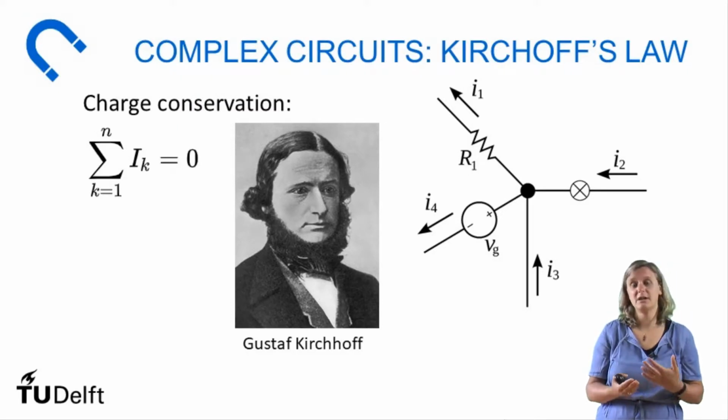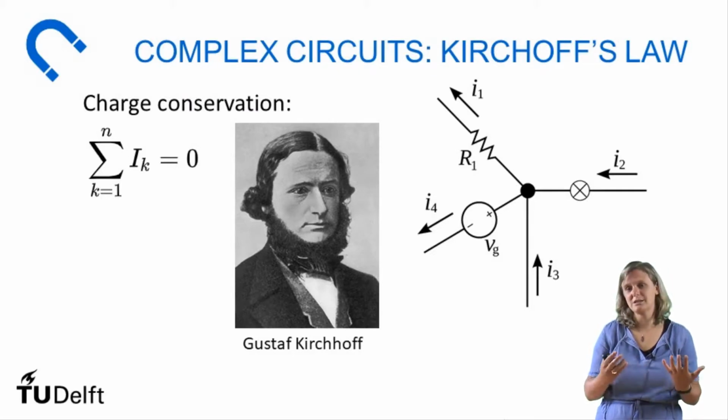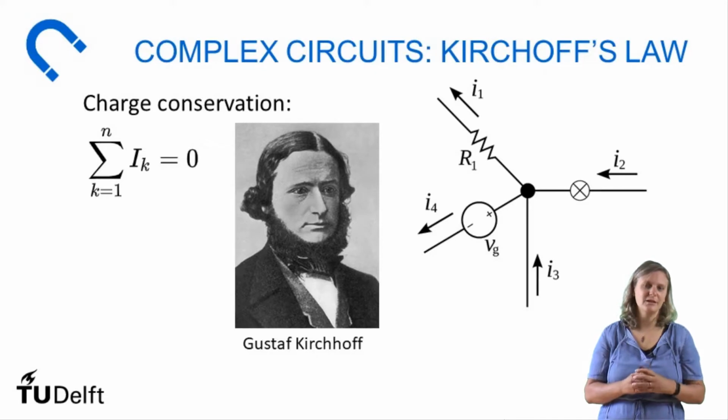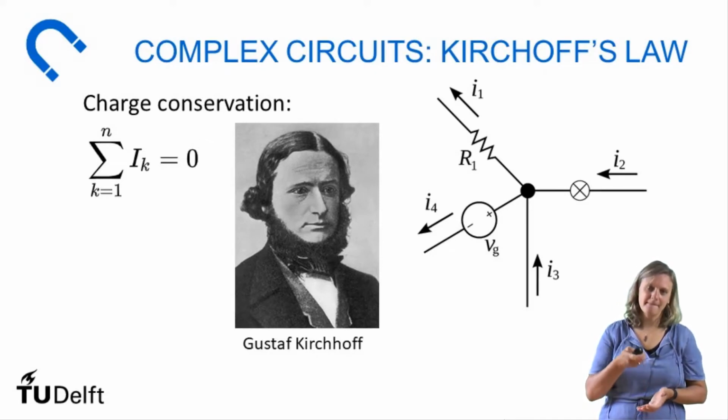And that means there cannot be charge created at the node or charge lost at the node. And this is a very powerful relationship you can use to solve circuits. And I guess it seems obvious by now that Mr. Gustav got a Nobel Prize for that. So if you want to be ambitious, I guess you have only a few years left.